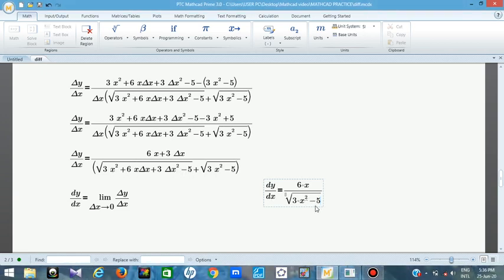So that's what I have here. Then plus this other square root, which is 3x squared minus 5.